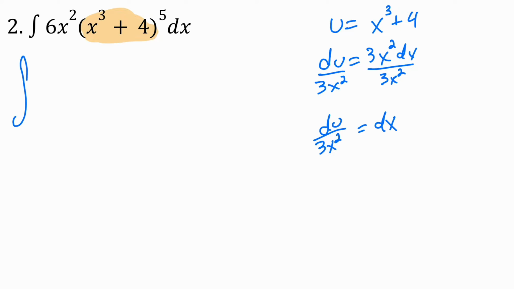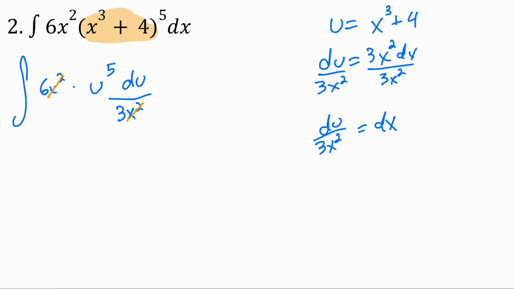Now, when we're integrating these pieces here, we have 6x squared times u to the fifth power, right? That's what we've substituted. And then when we substitute in for the dx, we have du over 3x squared. Now, a really important piece that we're seeing right here is the x's. If you notice, there's the x squared and the x squared.